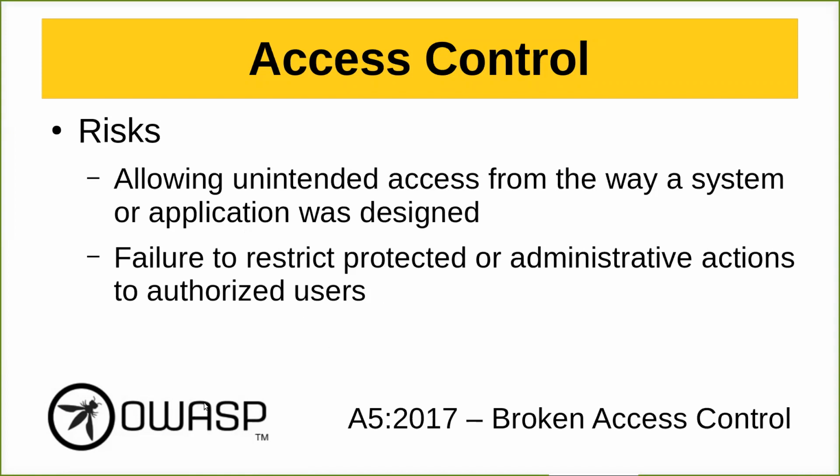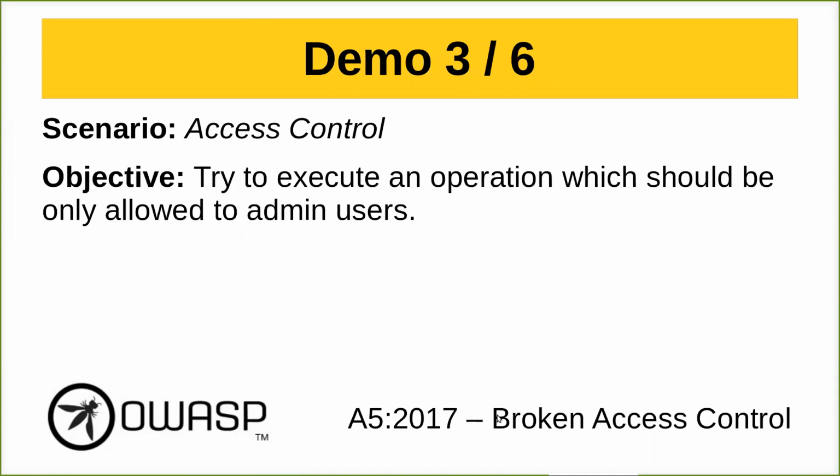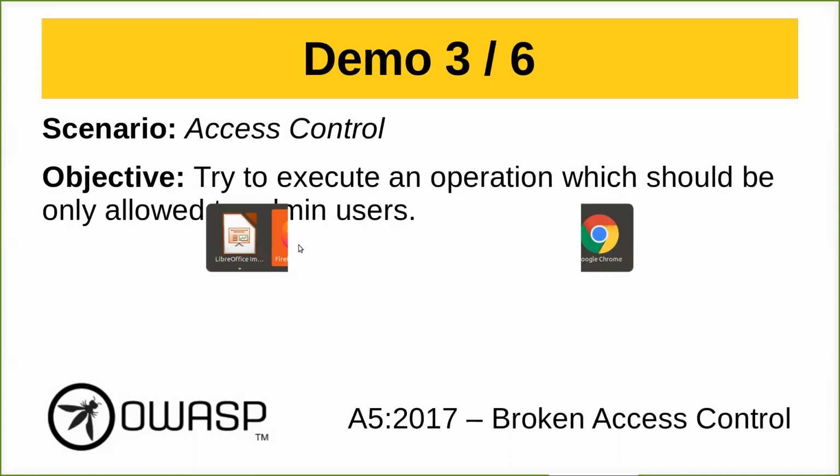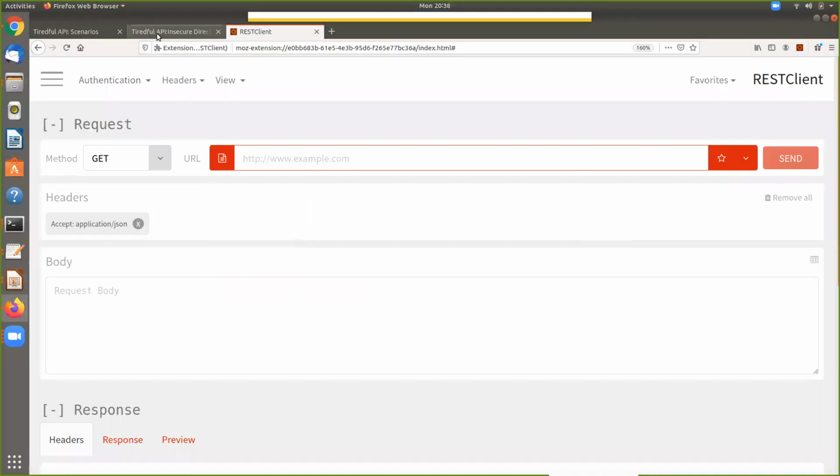This also maps to the OWASP Top 10 list. This is A5 from the 2017 version, which is broken access control. These kinds of things are a big potential problem. So in our third demo for access control, we're going to try to execute an operation which should only be allowed to admin users. So let's bounce back to the Tiredful API, and we'll look at this exercise there.